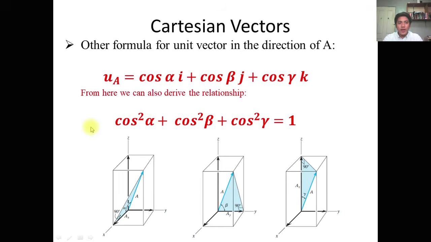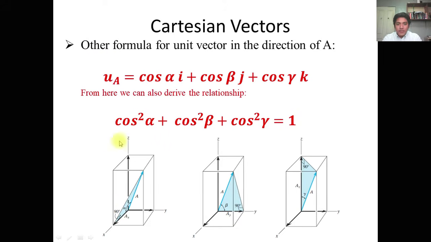That's the unit vector. And from this equation, we can derive a very important relationship: cosine squared alpha plus cosine squared beta plus cosine squared gamma is simply equal to 1.